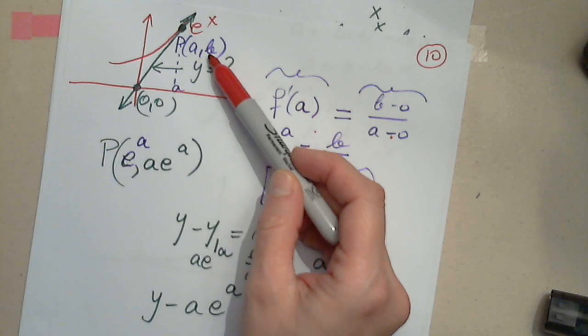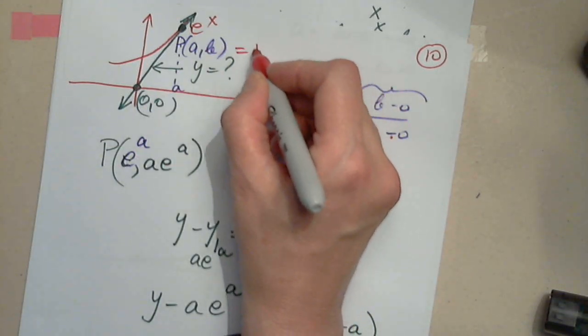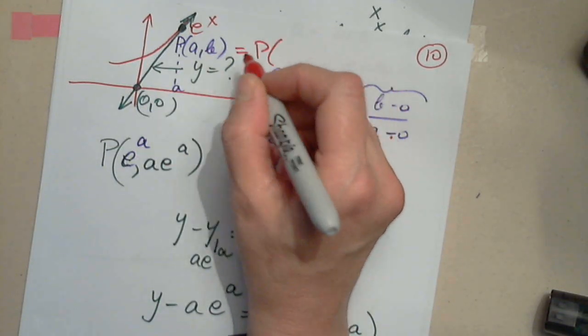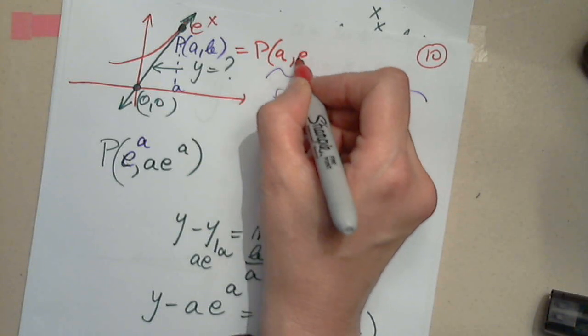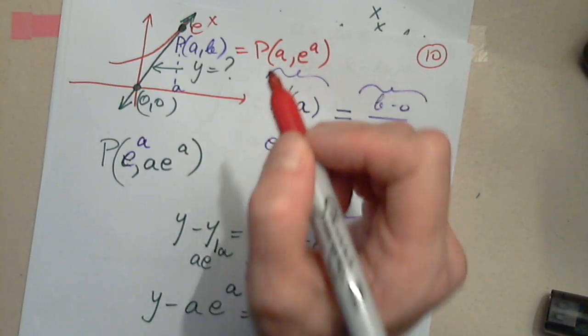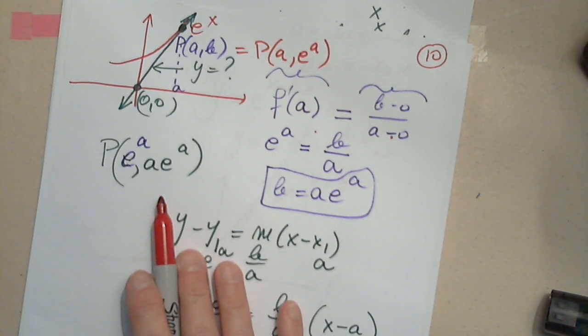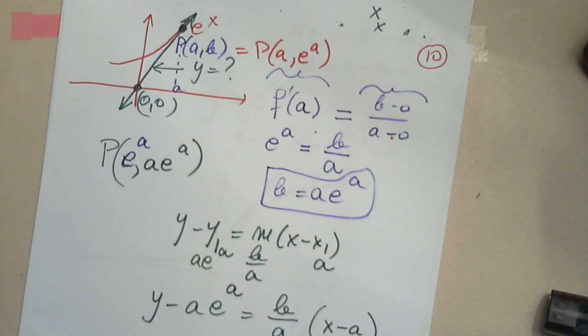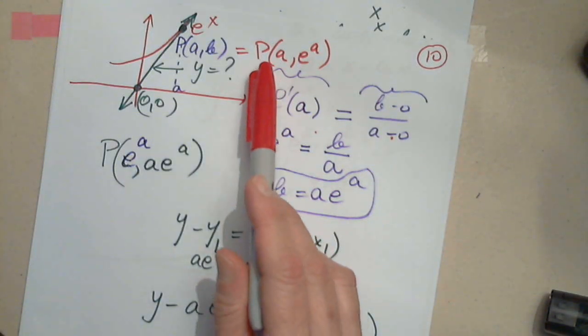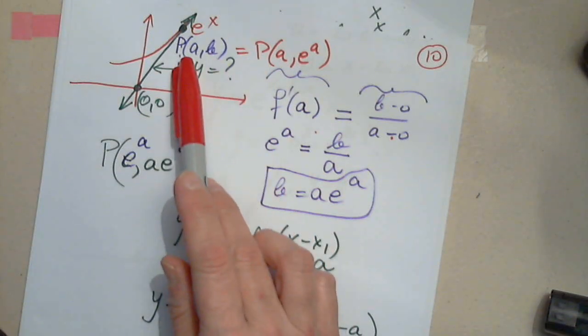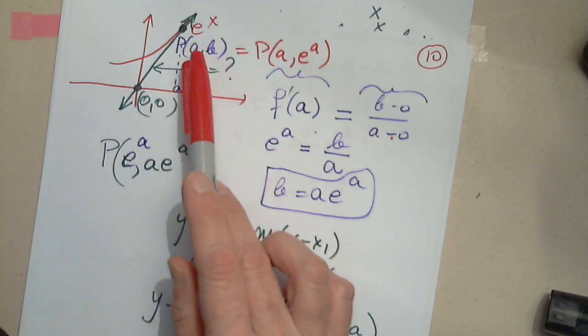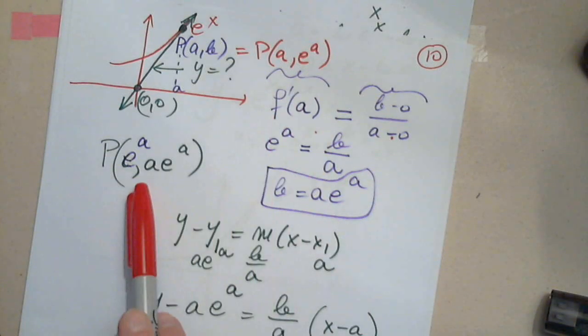So the point is a comma b, which means a, e to the a. Of course. So P is, when x is a, the point a comma e to the a.